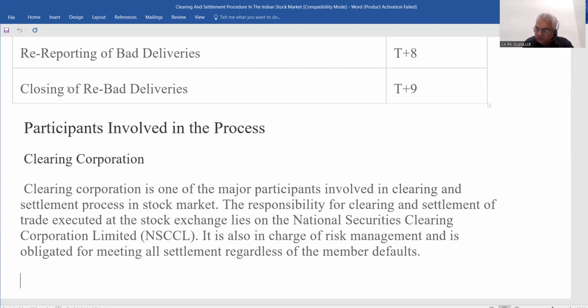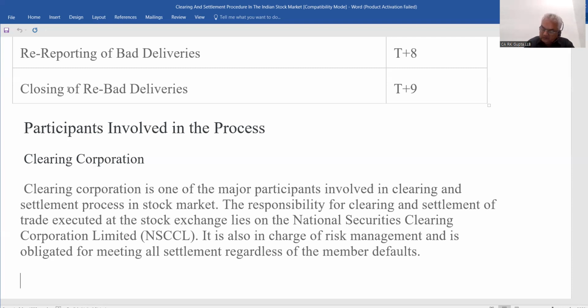Accordingly, a clearing member would have either pay-in or pay-out obligations for funds and securities separately. So settlement is a two-way process which involves transfer of funds and securities on the settlement date. And clearing corporations have also devised mechanisms in India to handle various exceptional situations like security shortage, bad delivery, company objection, auction settlement.